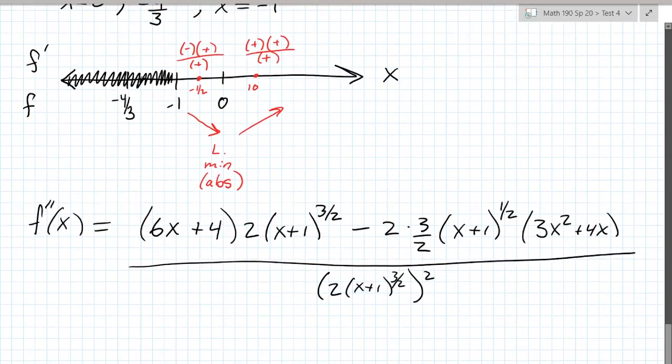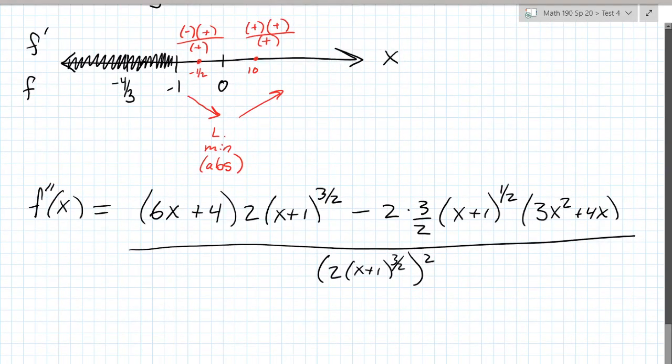So now we have to factor this and find the zeros here. So let's see what we can do. First, I think I'm going to simplify a 2 and a 2. That's it for that. Then I'm going to look and see what I can factor.